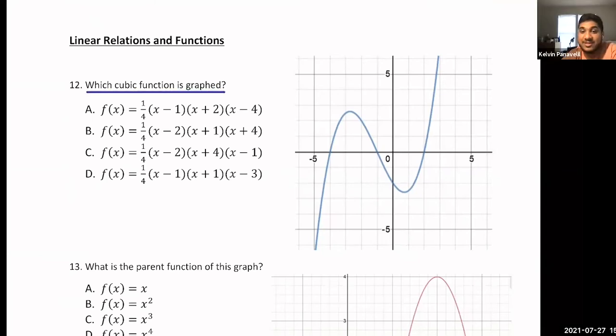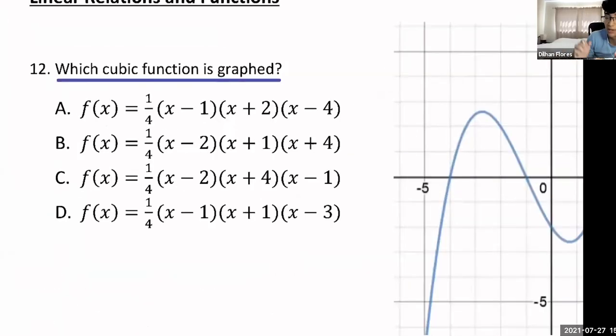Perfect, right? So if we just look at the answers and try to look at the graph, it'll be really difficult, right? To see, okay, is this that graph? Which is why you just have to understand factors, right? So Dylan, you want to walk us through how to identify x-intercepts and how they relate to factors? All right, awesome. Yeah, so factors give you your x-intercepts, right? We've seen factors in a previous question.